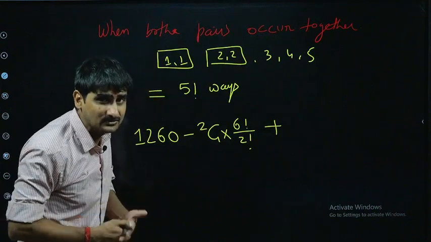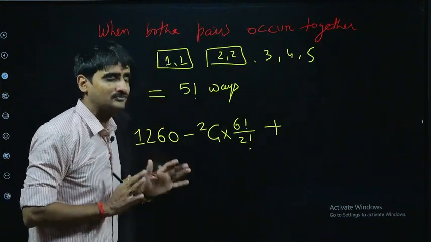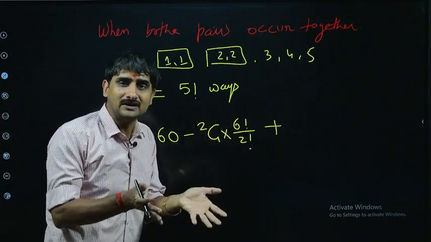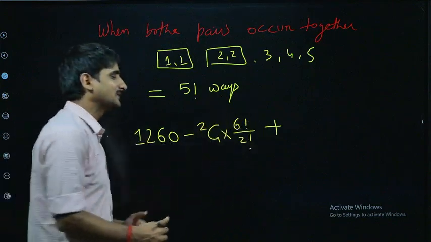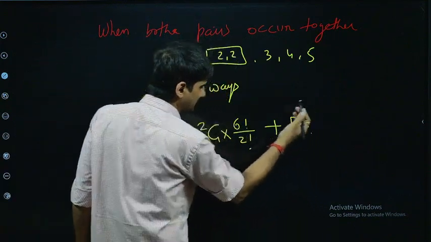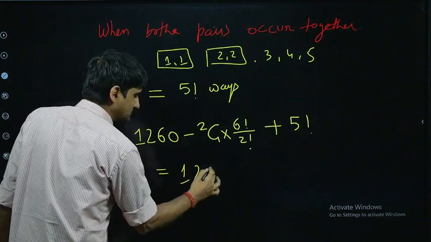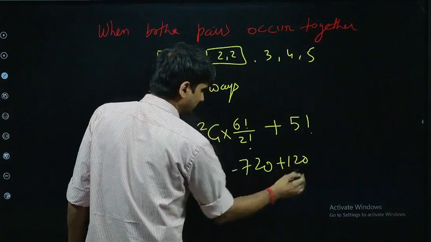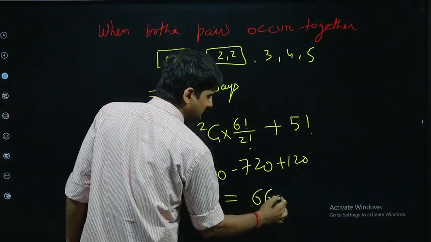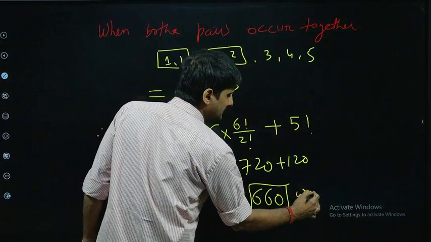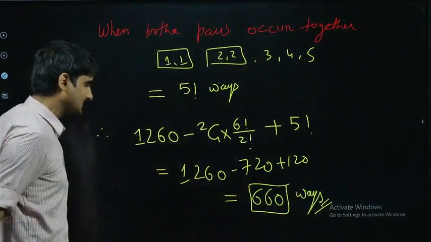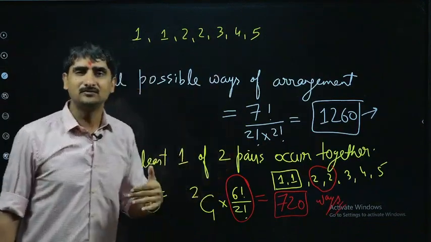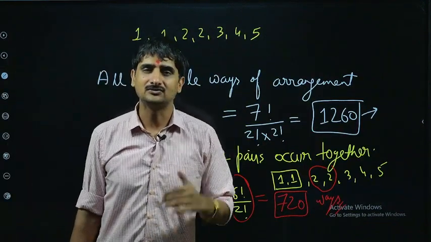What you have actually excluded extra here are the cases when both 1s and 2s are occurring together. So you have to include them again. So it's 5 factorial ways, and that's it. So it should be 1260 minus 720 plus 120, which is 600 plus 60, that is 660 ways. So there are 660 ways of arranging these digits here such that neither both 1 nor both 2 occur together.